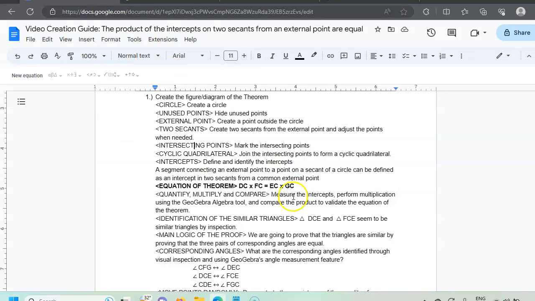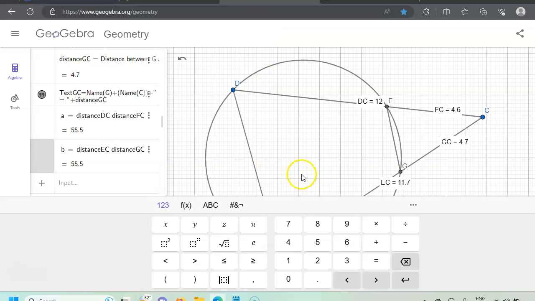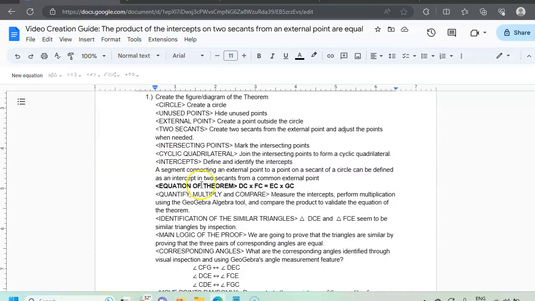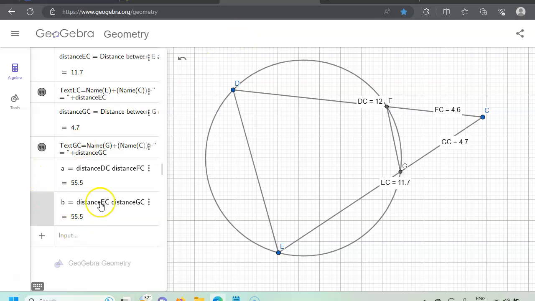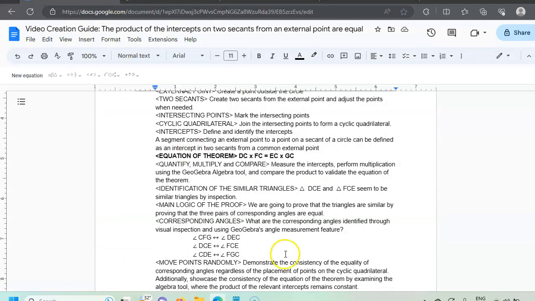Alright, now so that's what's next in the build guide, the video guide. So we're done comparing. We, using the algebra tool, have shown that the products of the intercepts, okay, on these 2 secants from the external point are equal.